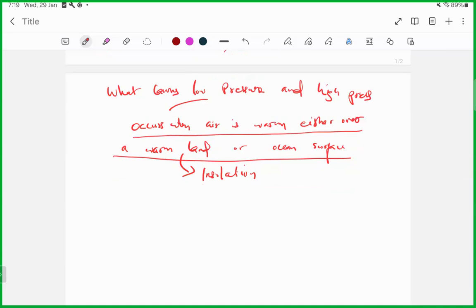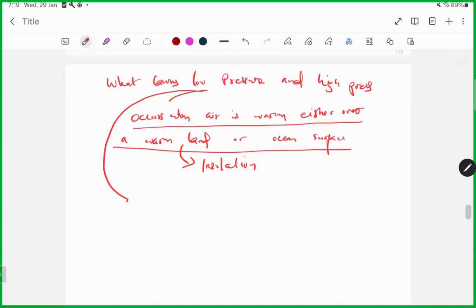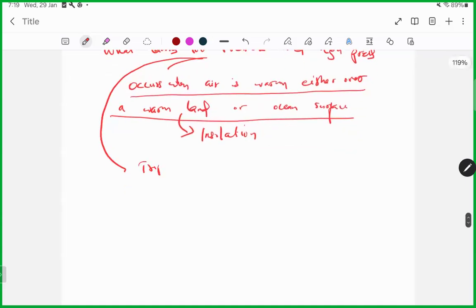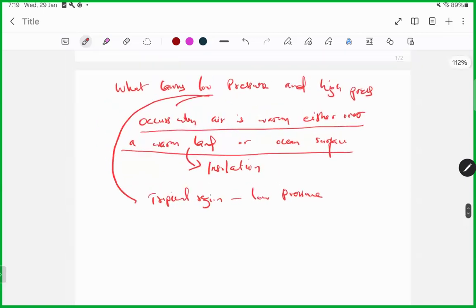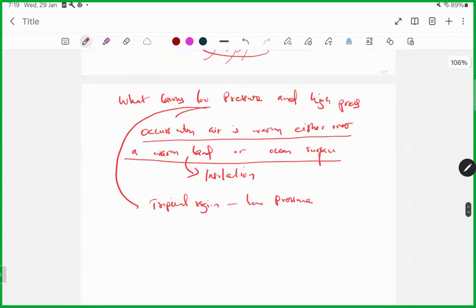That is why the tropical region is a perfect place where low pressure occurs. As the air is warm in the tropical region, low pressure occurs.